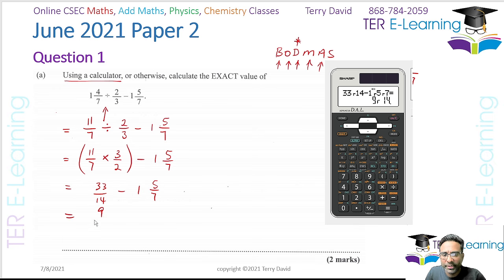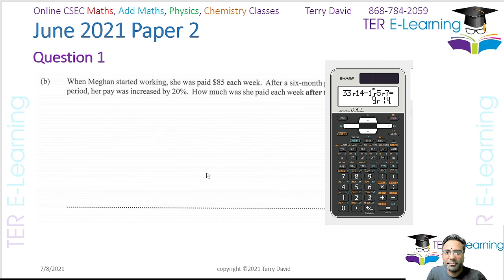Let me just double check this before we continue. 1 4/7 divided by 2/3 minus 1 5/7. Yeah, I'm getting 9/14 as the answer. So 2 marks just for that.